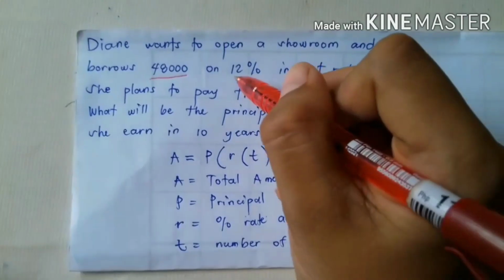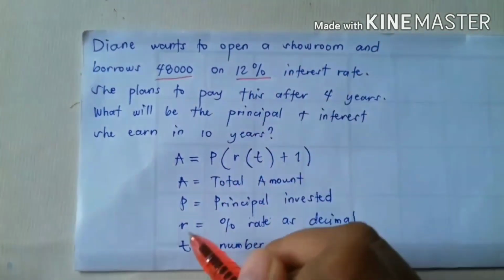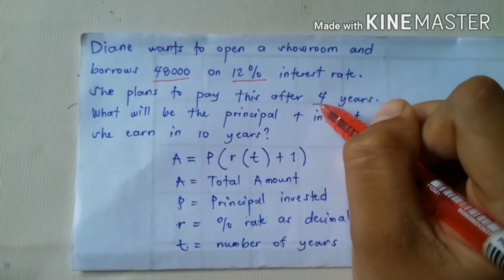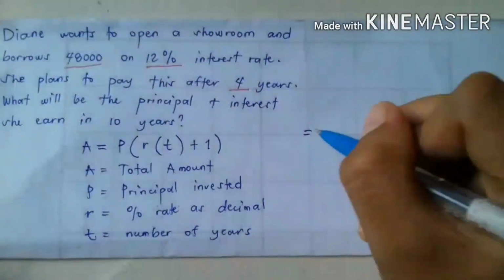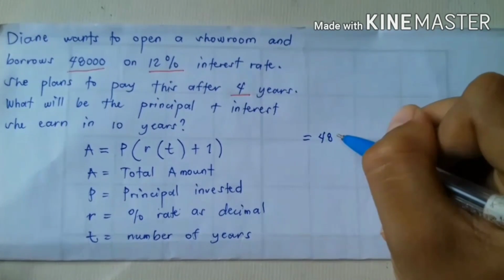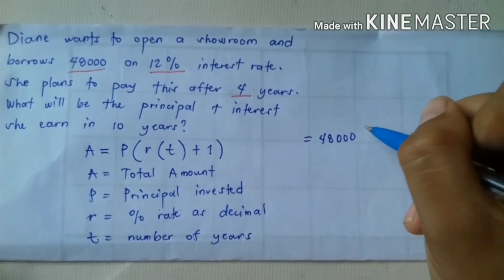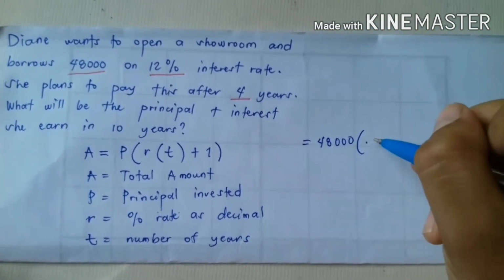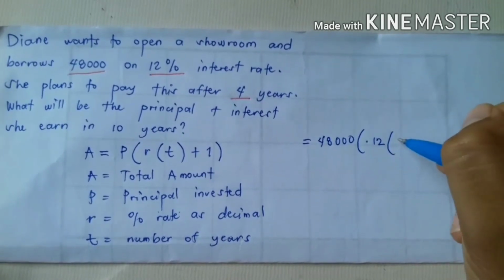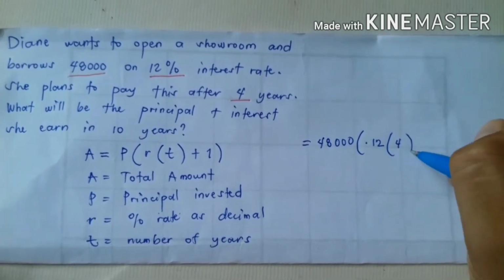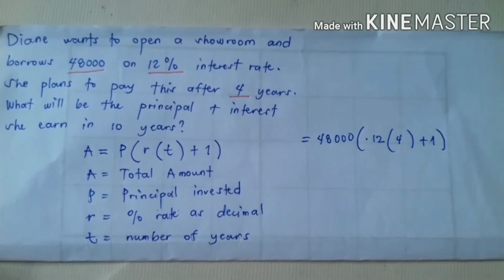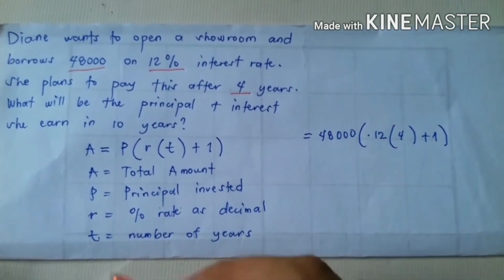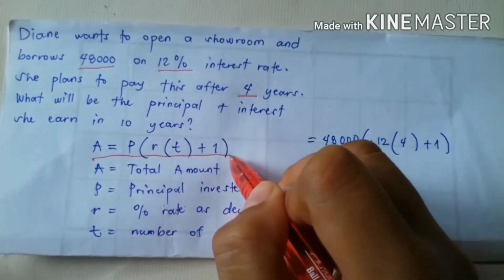$48,000 is the principal, 12% is the rate, 4 is the number of years. Substitute 48,000 times (0.12 times 4 plus 1). Follow the PEMDAS rule.